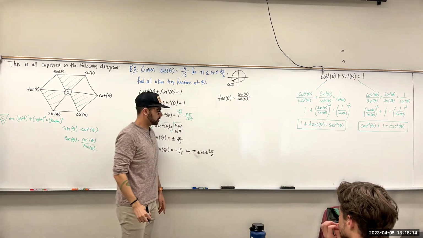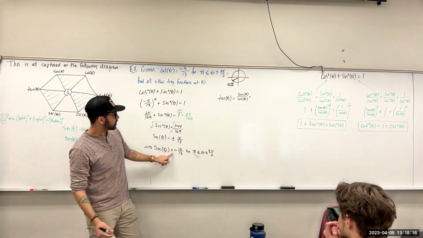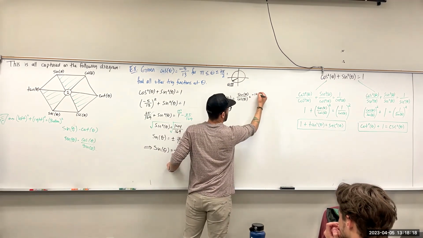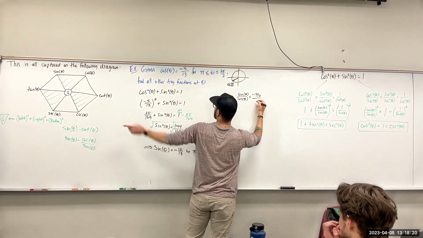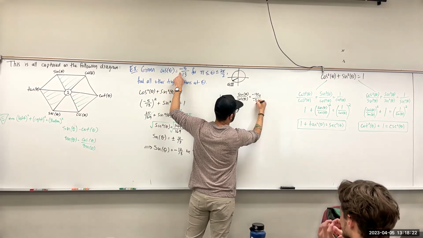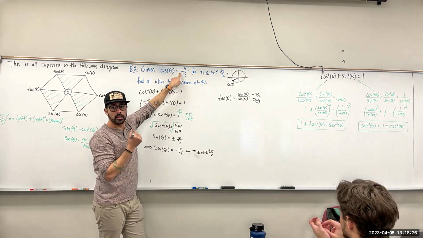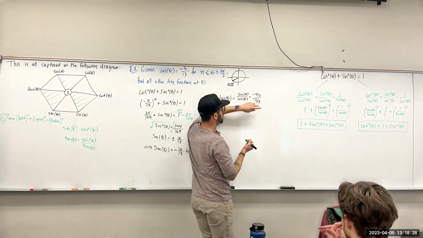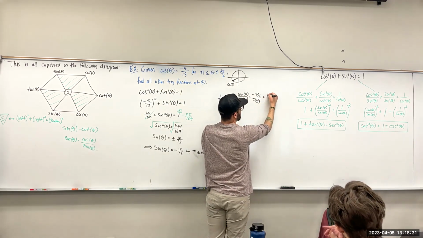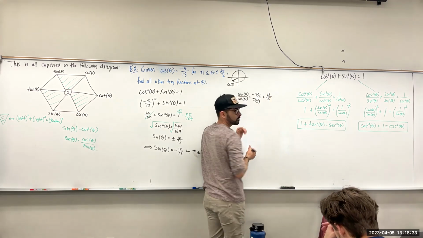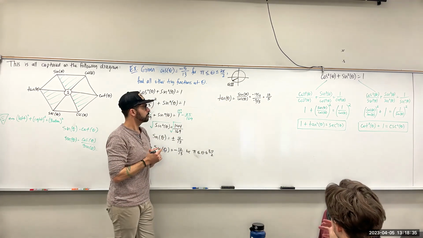So then that's going to be -12/13 over -5/13. You do multiply by the reciprocal, and then it becomes +12/5.